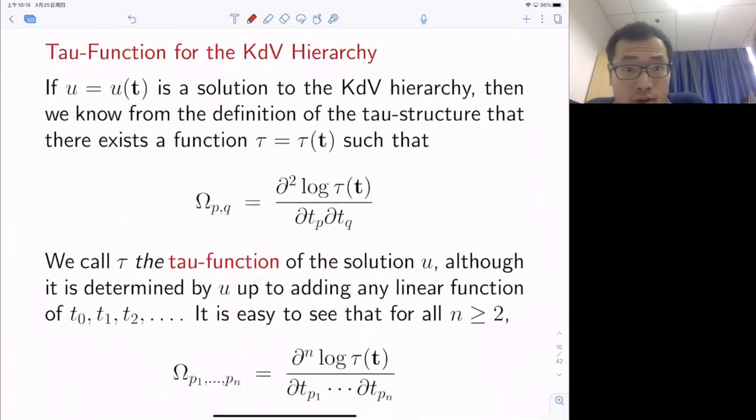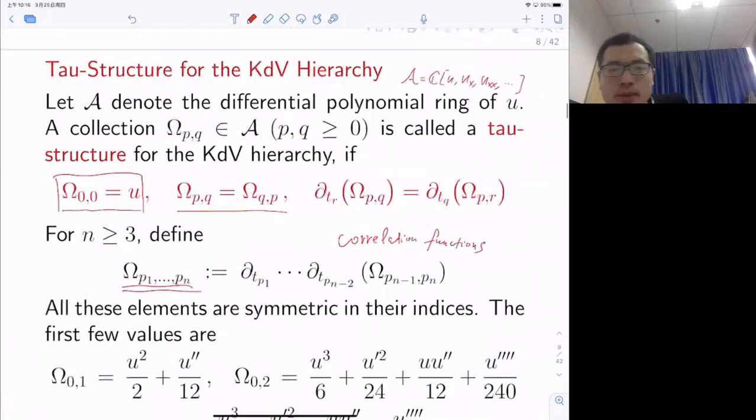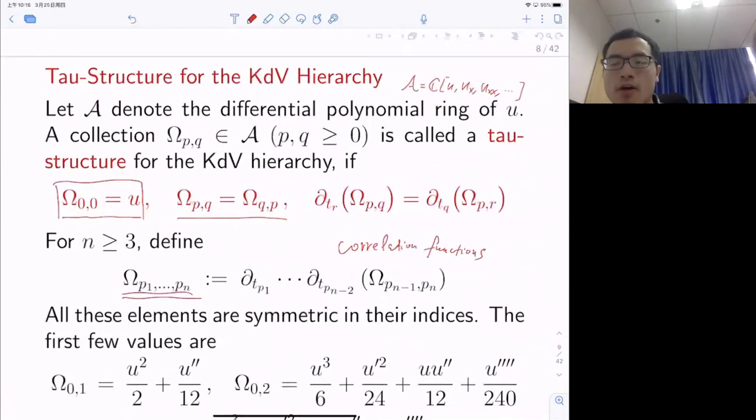So if u is an arbitrary solution of the KdV hierarchy, and from the tau structure we know that, since these omegas are polynomials of u, u_x, and so on, for any solution you can substitute this solution into this polynomial, and you will get an element in this ring.